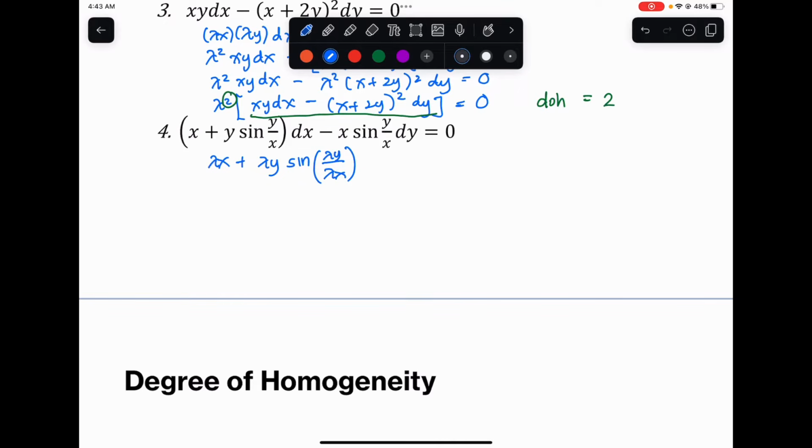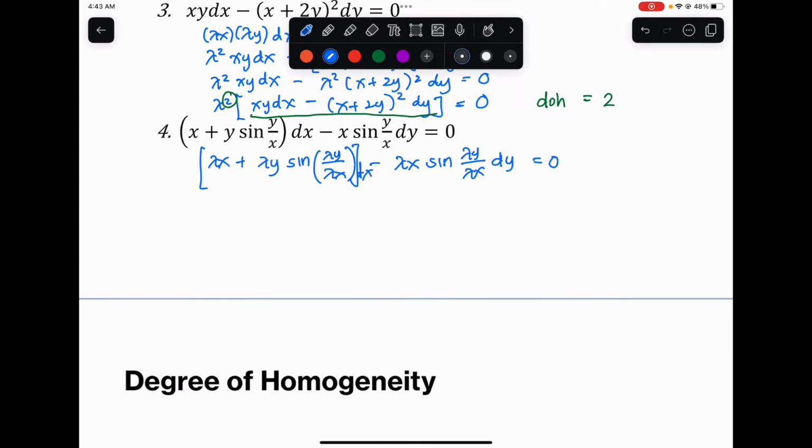Again, as long as we can factor out lambda from the entire equation, then that makes it a homogeneous equation. Then minus lambda x sine lambda y over lambda x dy. By the way, this is multiplied with dx is equal to 0.